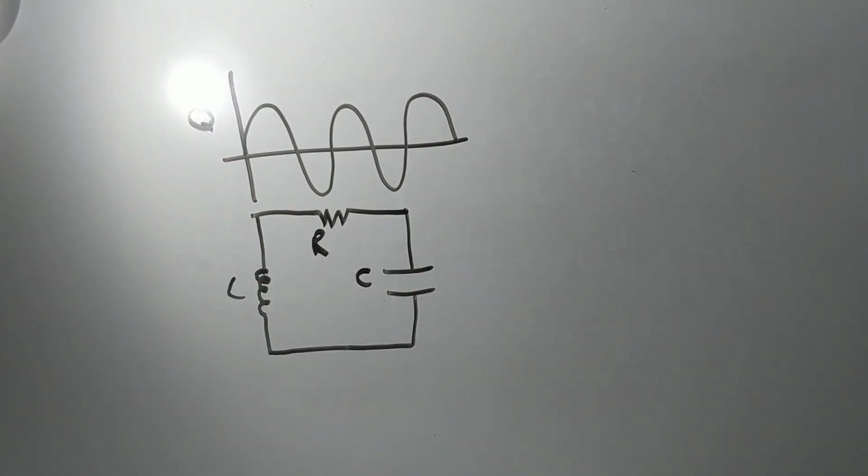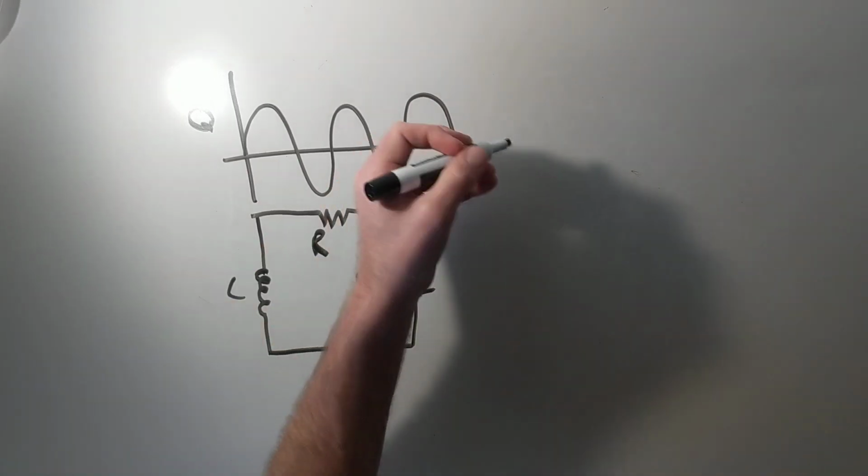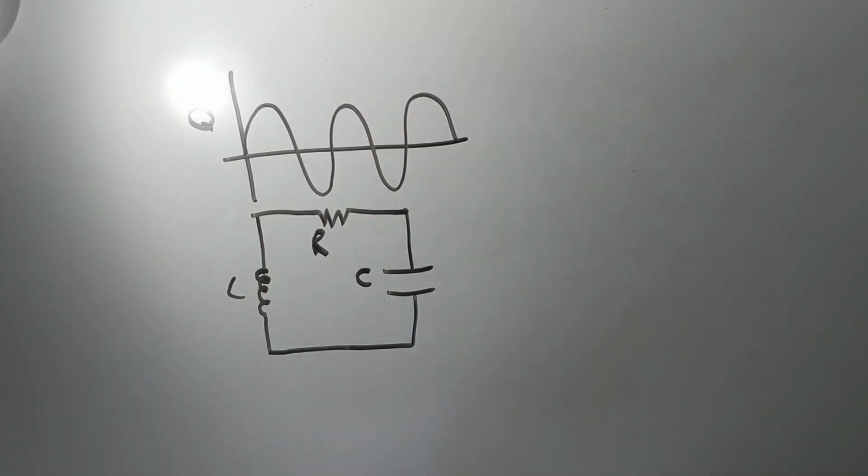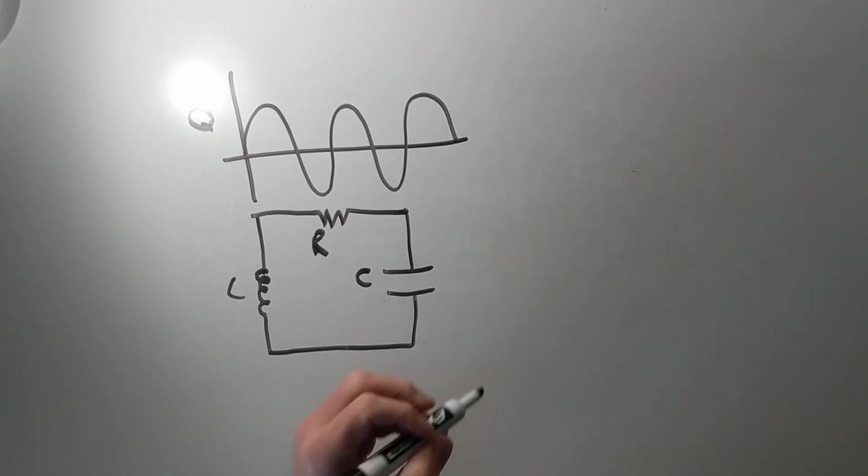Some people call this an RLC circuit, some people CLR, it doesn't really matter. But this is more realistic because there's no such thing as having those wires without resistance anyway, unless you have some kind of superconductor, so that seems a little silly for this. But in this case, what's going to happen is it's still going to oscillate at the same frequency that we saw before, but now you have damped harmonic oscillation.